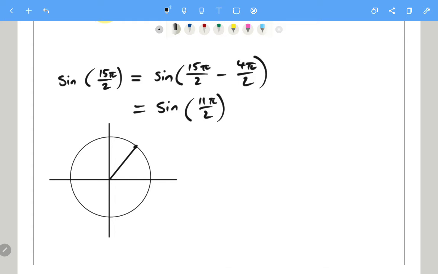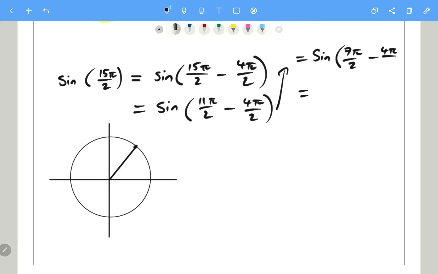But we still have quite a lot of pi's, so I might repeat this again and subtract off another 4 pi on 2, which is just 2 pi. And that's going to get me down to the sine of 7 pi on 2. Can I do this again? Yes, I can. Subtract off another 4 pi on 2. And I'm left with the sine of 3 pi on 2.